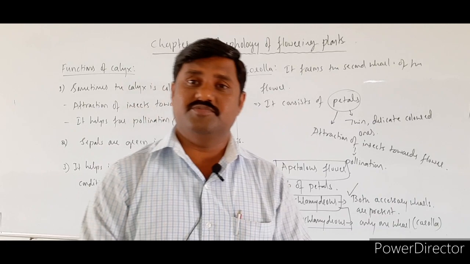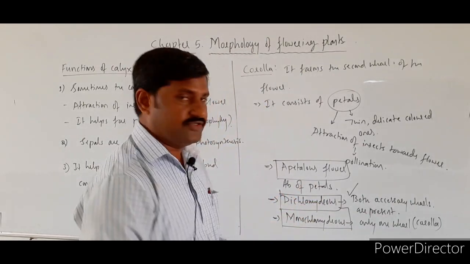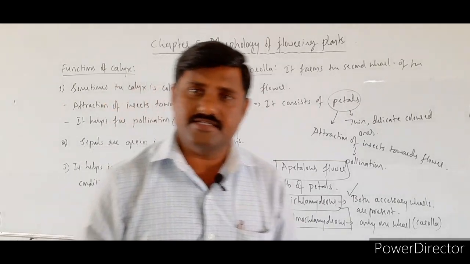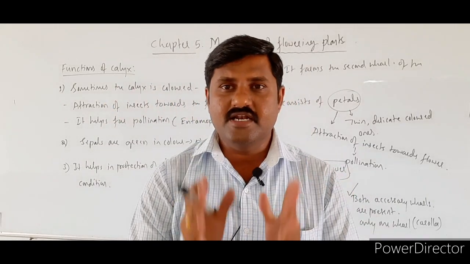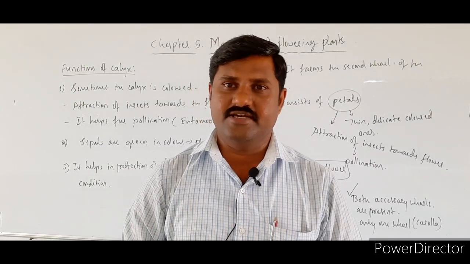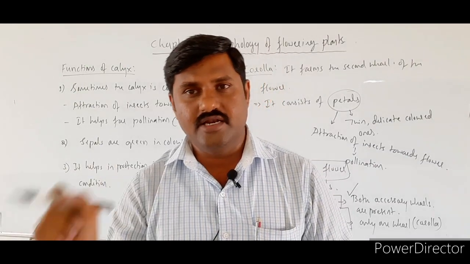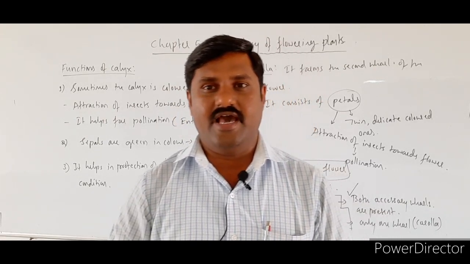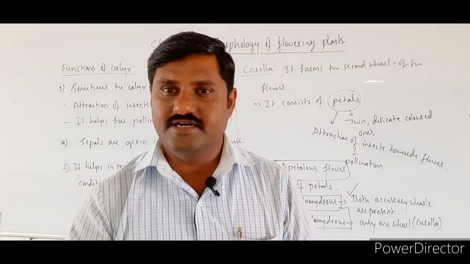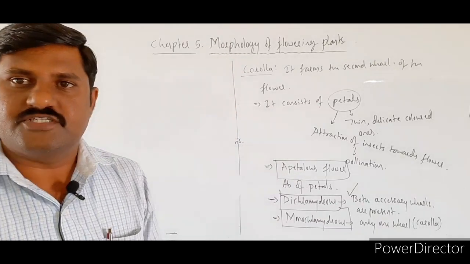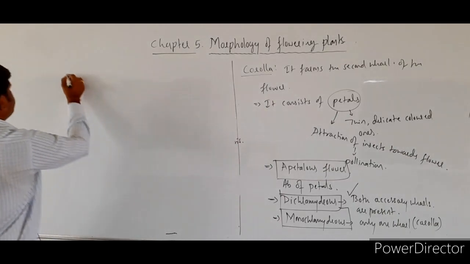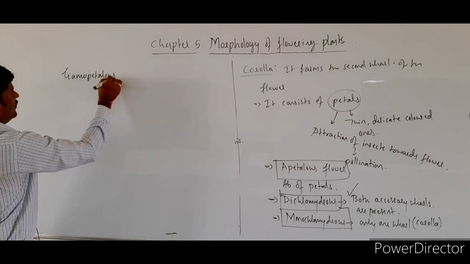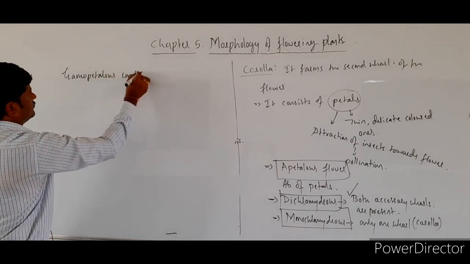And a very important term related with this one is, sometimes these petals are fused. Then what is the condition called? If the petals are fused, then the condition is said to be gamopetalous condition. If the petals are free, then the condition is said to be polypetalous condition. First one is gamopetalous condition.